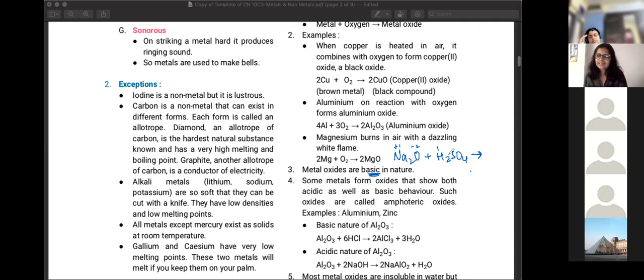How? H, like acid, right? Will this give H plus or H minus? It should give H plus, right? So which will be the cation here? Cation is plus. So H plus, and SO4.